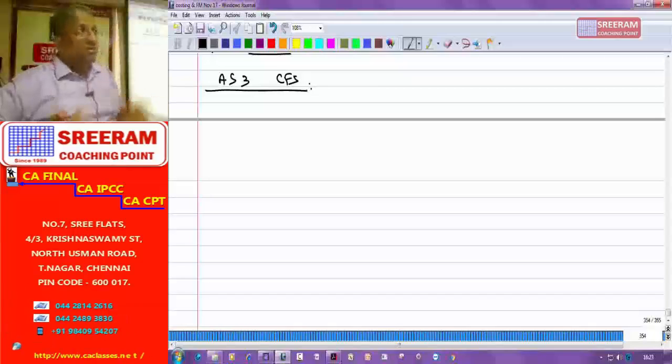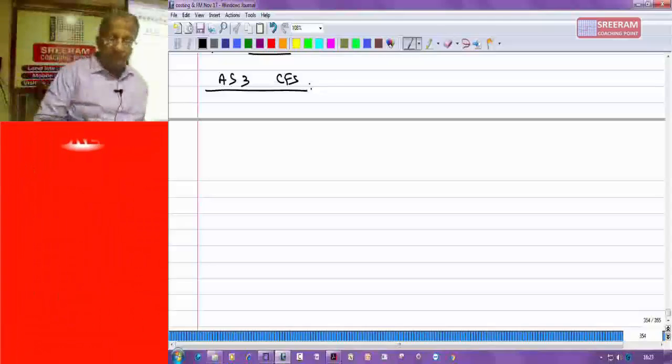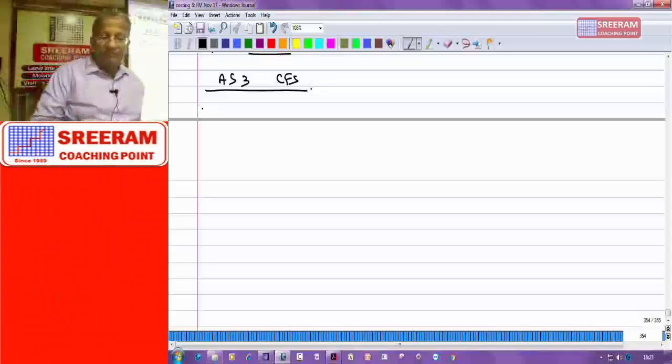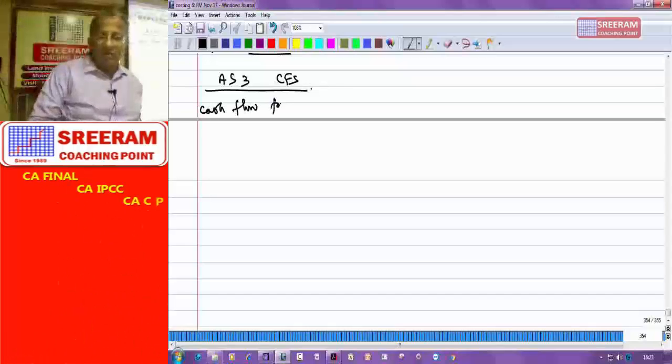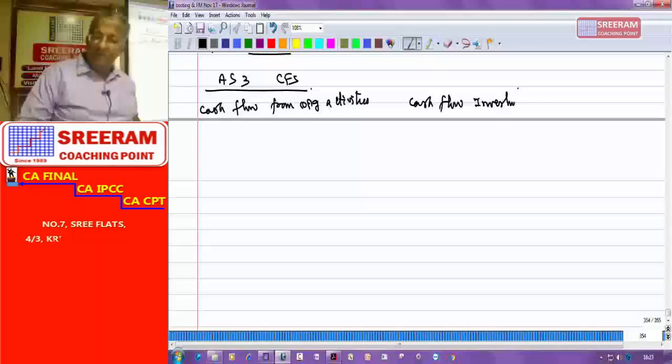So there is no increase, there is no decrease. Cash flow from operating activities. Cash flow from investing activities. So this I will write here.